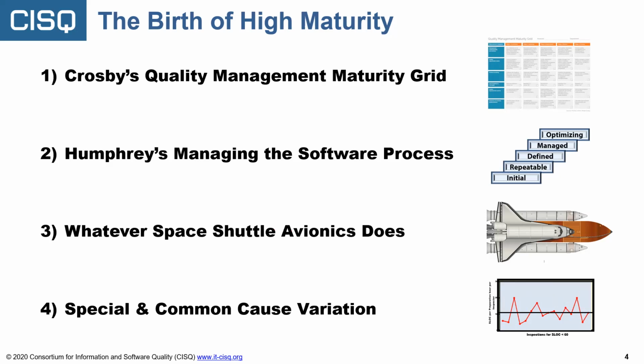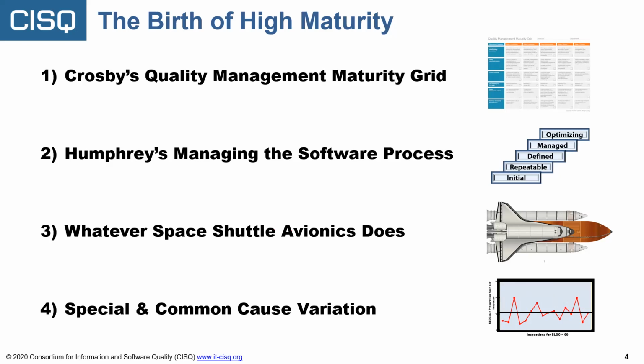And so Watts thought, that might be a good way to try to really do a sophisticated job of controlling the process. So he created a control chart for some inspections that he had seen, and yeah, he had the variation, and there was some high and some low.